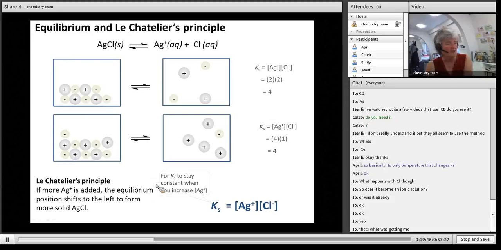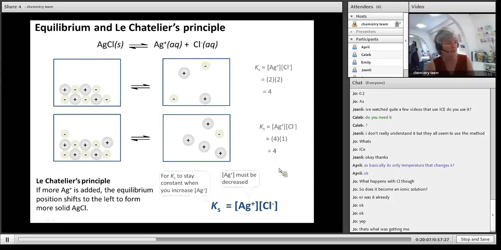Okay, and as I said, for Ks to stay constant, when you increase the Ag plus, you must decrease the Cl minus. And yes, some chloride will also deposit, as long as overall my constant stays the same.